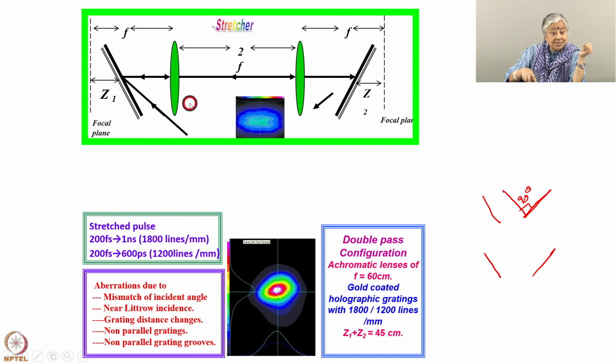Now, these lenses act a bit like a collimator. It sort of collimates the beam and puts it onto this grating. So, what actually happens is, suppose I have a circular beam, a circular pulsed cross section.